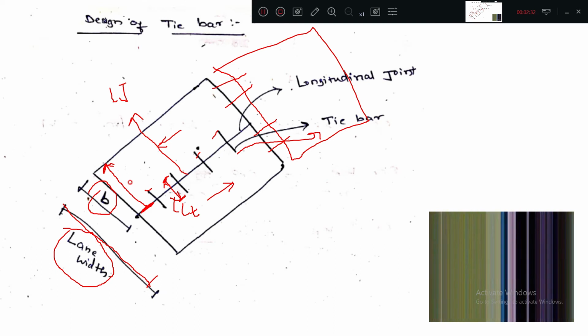For the calculation of length and all, half of the panel is considered, such that the friction acting on this half of the slab and the resistance created by this half length of the bar are equated. Then we can get the values.